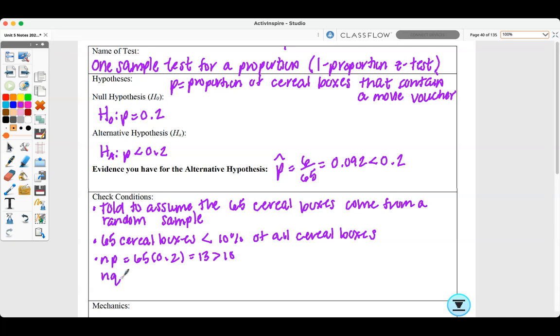And n times q equals 65 times 0.8, which is 52, which is also greater than 10. So our sample size is large enough.